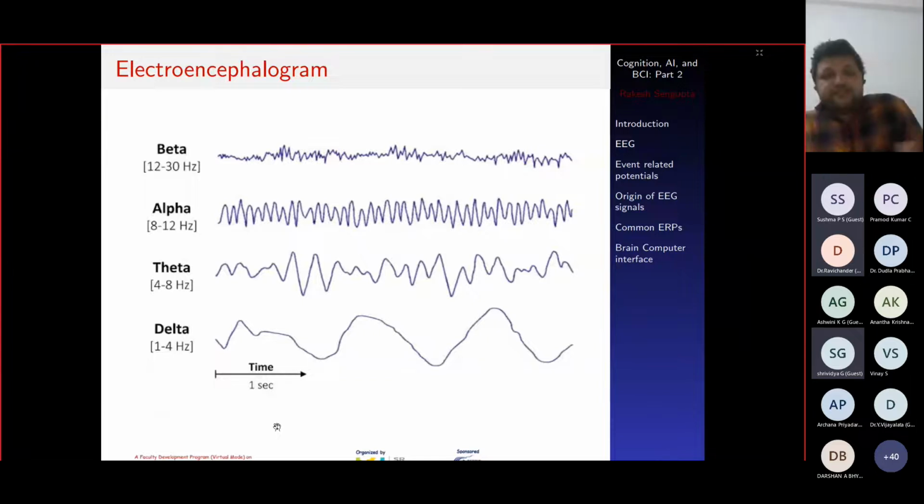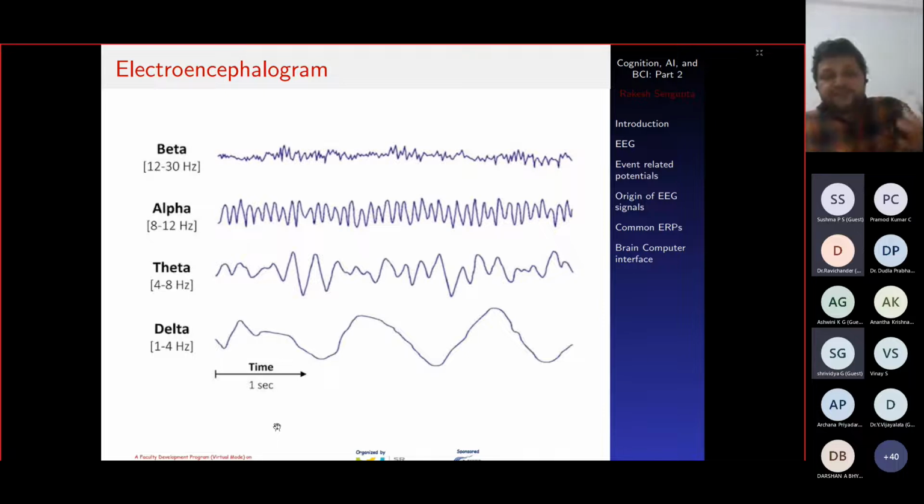Because there is so much data that is apparent if you know where to look for it. It's apparent in the electroencephalogram. First of all, there are a few frequency bands that we can see that are very cognitively important.